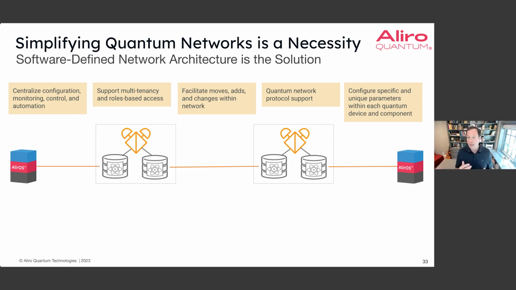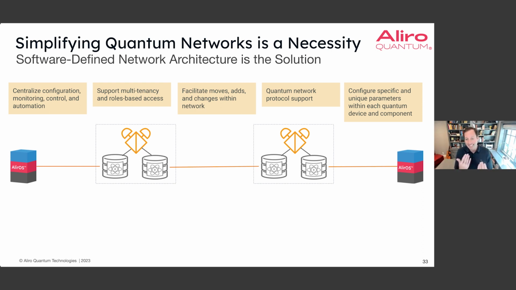There are also quantum network protocols that need to be supported. We saw that they were necessary within these devices, but they're also used between devices across the entire network. Things like entanglement swapping. There's also the need to configure very specific and unique parameters within each of the quantum devices and the components in the holistic system that those devices and components make up.